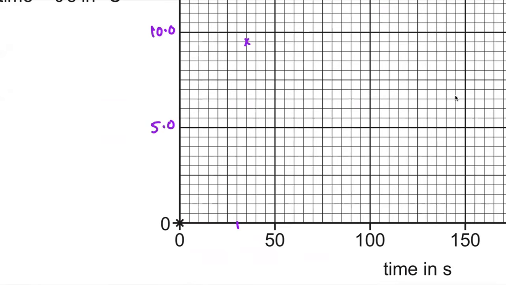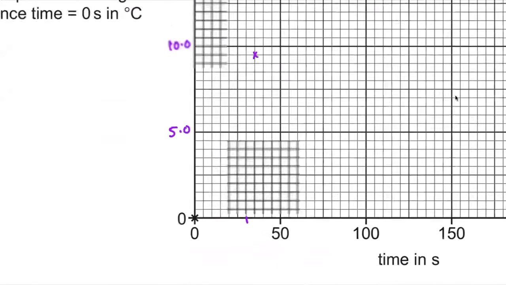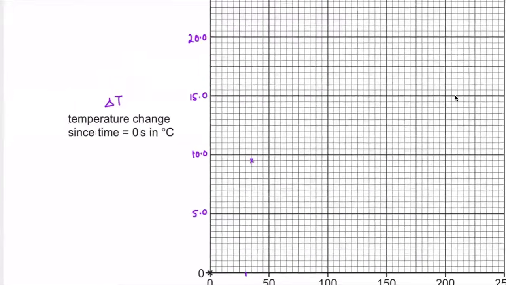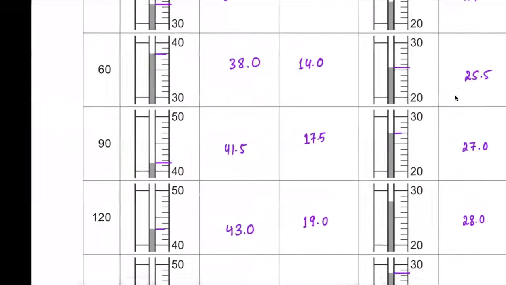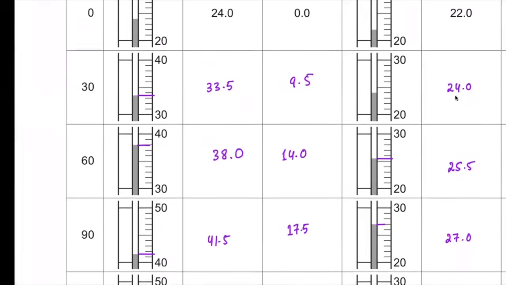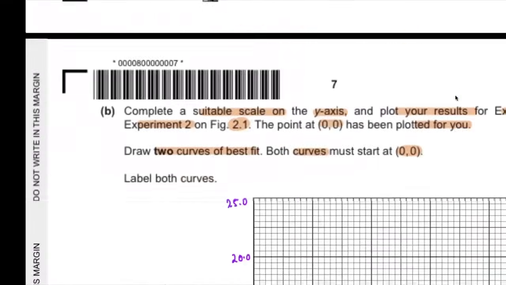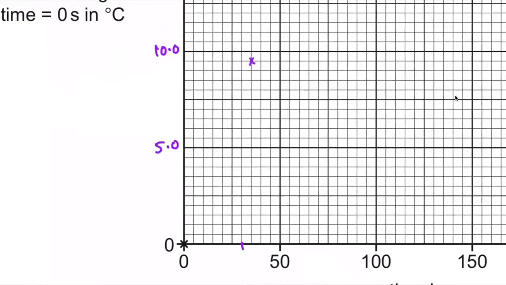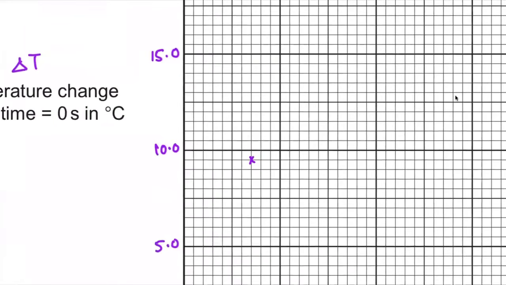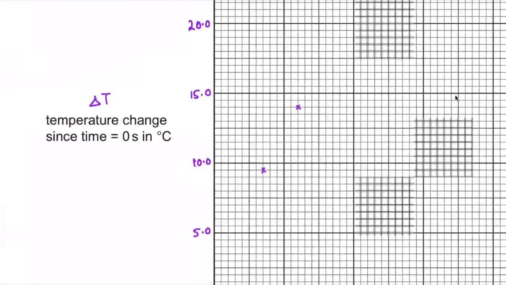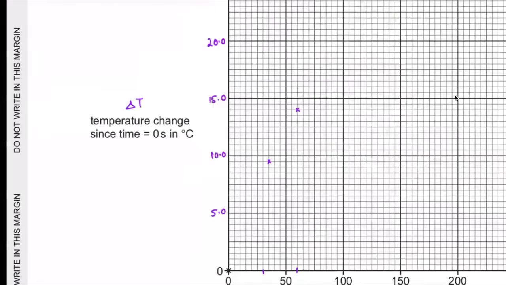Okay, keep in mind you are going to plot all the points with crosses, okay? And then 60, it's 14. So 60 is this one, and it's 14, right? One small box is 0.5 degrees, or two small boxes 1 degree.